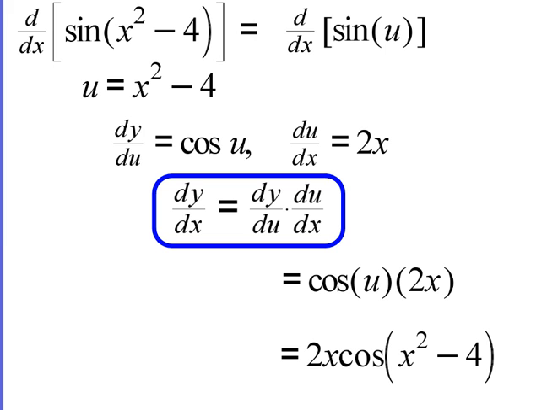Another way to look at this visually, all of this is perfectly sound and follows the chain rule formula, is the inside-outside function. We have an inside function of x squared minus 4 and an outside function of sine. We take the derivative of the outside function first.